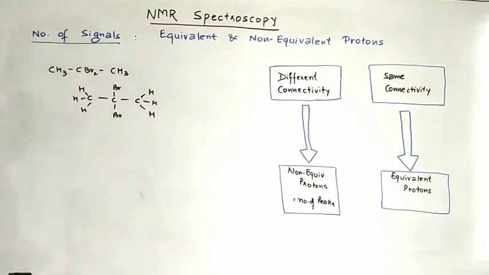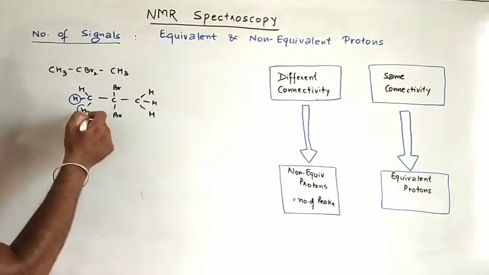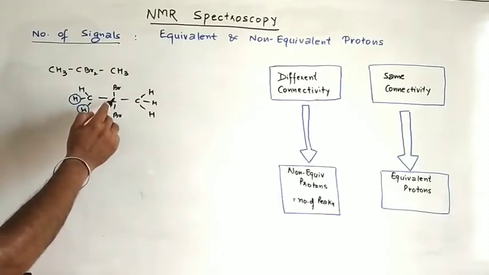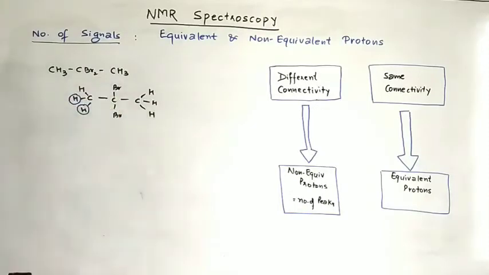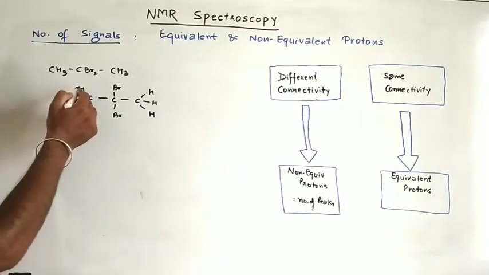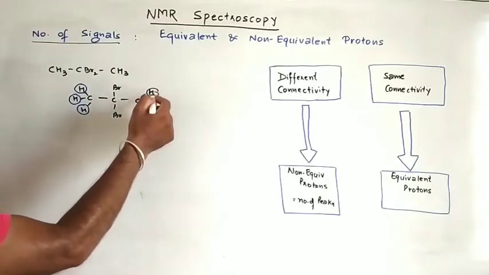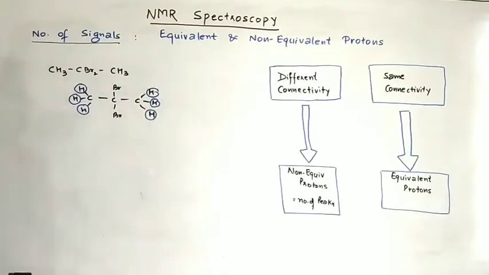Okay. Now see these three protons. If you compare these two protons, they are equivalent as they are connected to carbon. Carbon is further connected to carbon, which is connected to 2 bromine, and next is a methyl group. So all three protons, they are equivalent. These three protons, they are also equivalent.